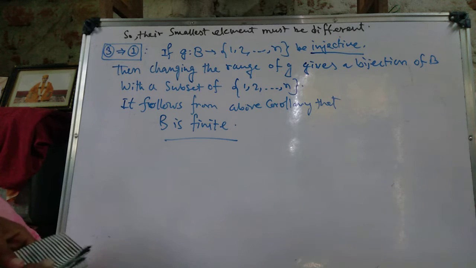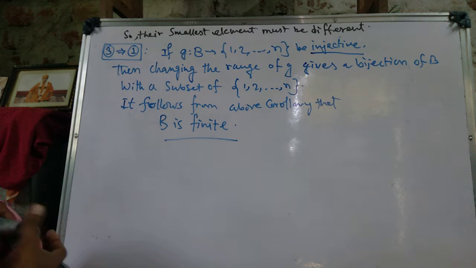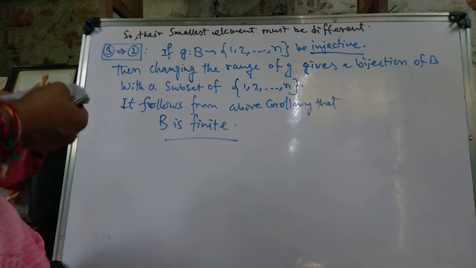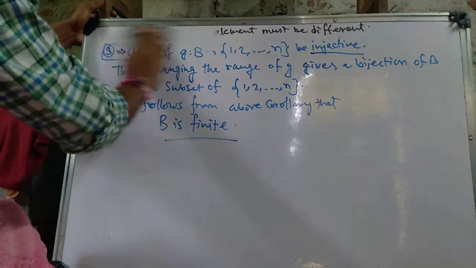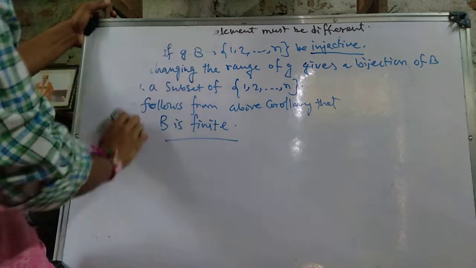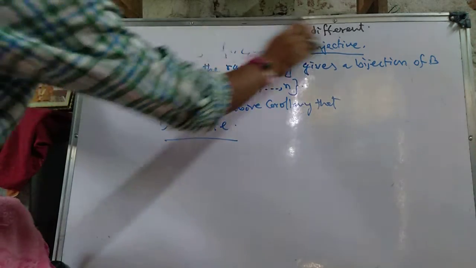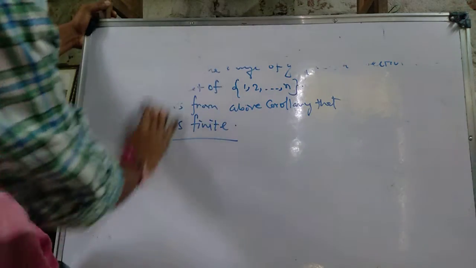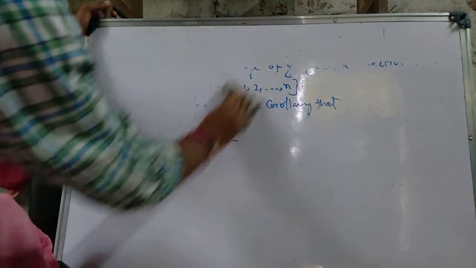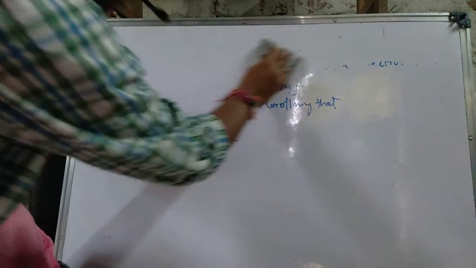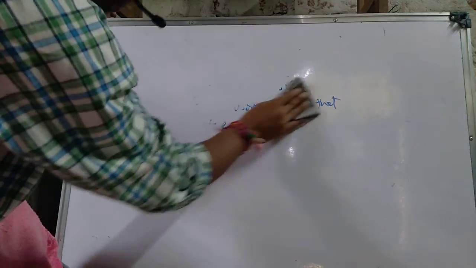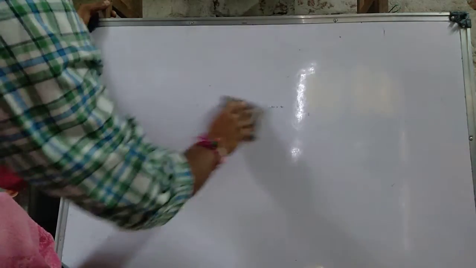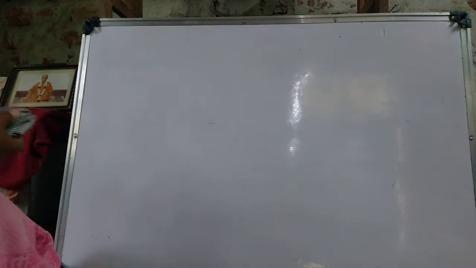Next we discuss another corollary about finite sets: finite unions and finite Cartesian products of finite sets are finite. We erase these things. What we proved is an important corollary: if B is finite, then there is a surjective function from a section of positive integers to B, and there exists an injective function from B to a section of positive integers.